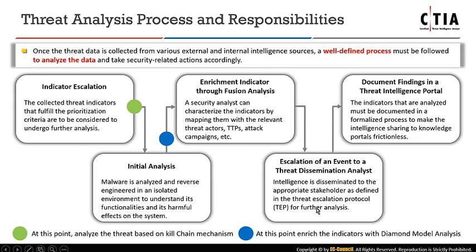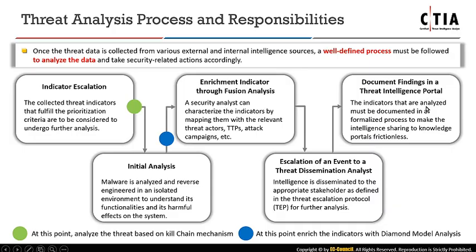So we escalate this event, we give this to our threat dissemination analyst, and then the last part of the responsibilities that we have, and we're going to always end up in this area as a threat analyst, is to document the findings in the threat intelligence portal.